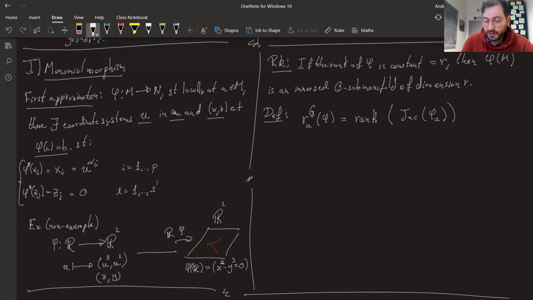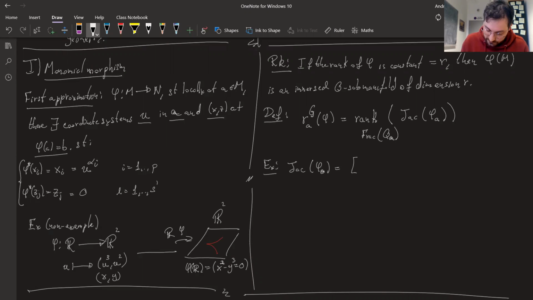So this rank here is not with respect to the field given by R, but actually with respect to the fractional field of the quasi-analytic functions that we're considering at the point. So in the example here, we're just taking the Jacobian of phi at A, or phi at 0, sorry.